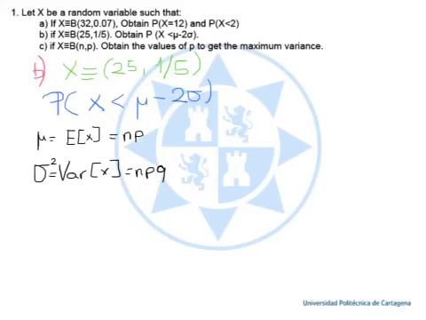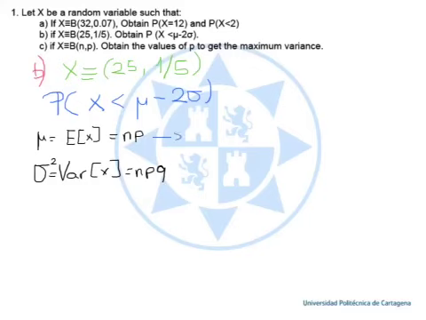Applying the properties of the binomial distribution, we can see here the formula of the mean and the formula of the variance. So now we are going to replace the values we know and we get the mean.